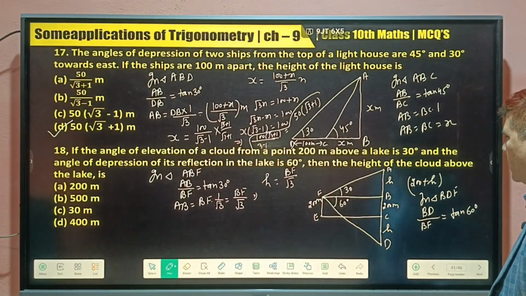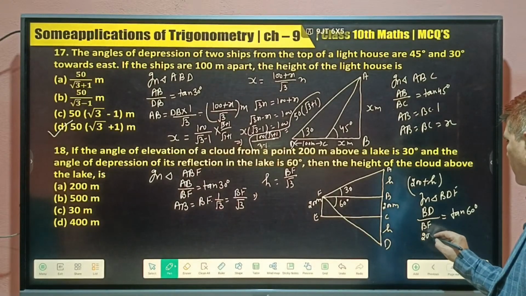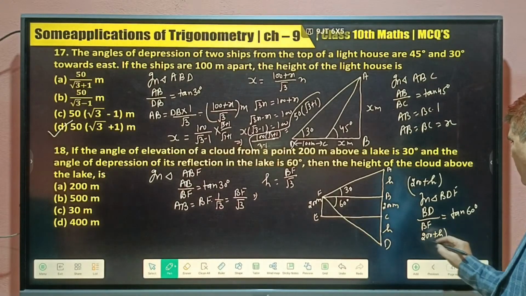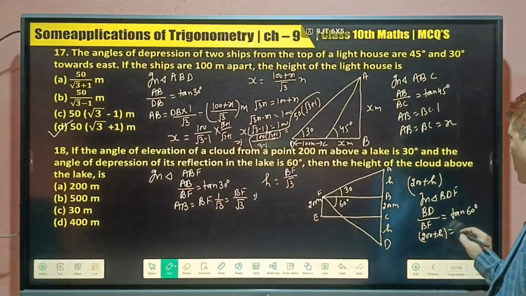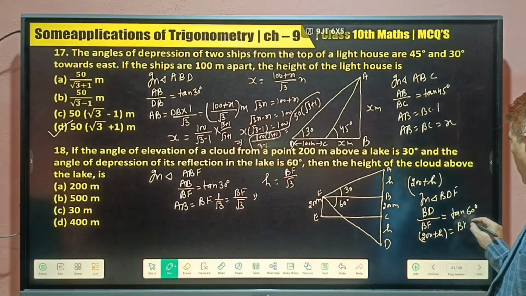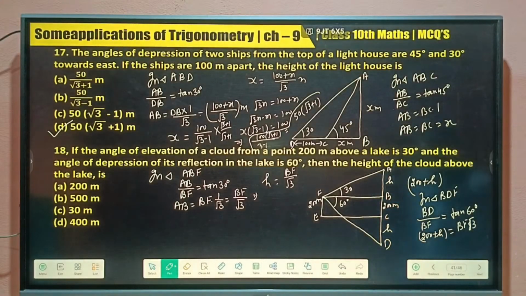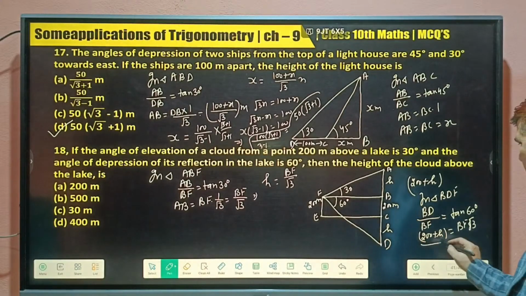BD 200 plus H is equal to BF under root 3. Yes or no? What's your BF according to this?